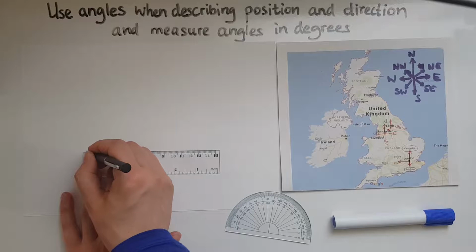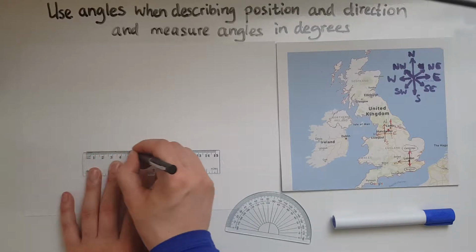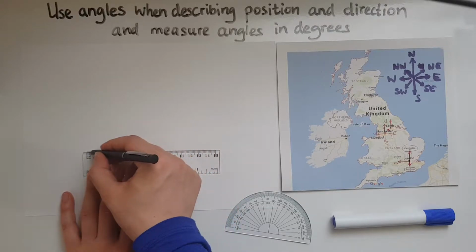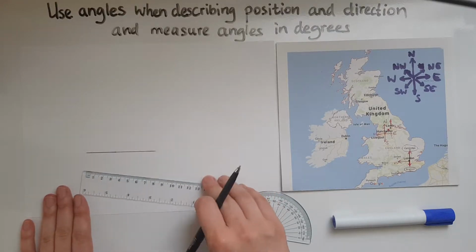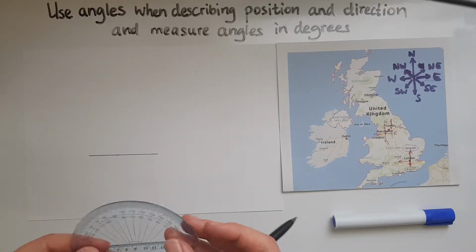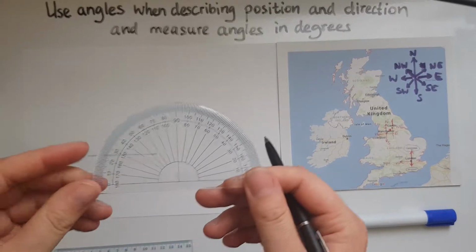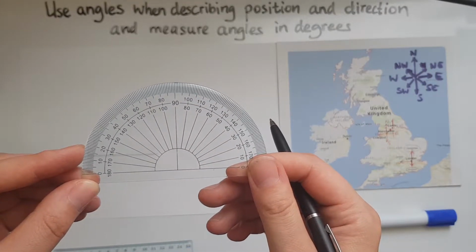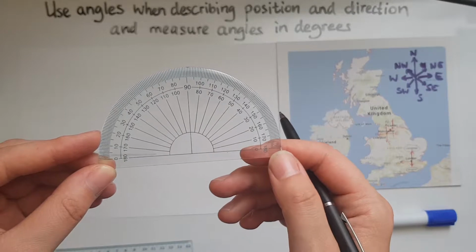What I'm doing is constructing an angle, drawing an angle, in other words. I'll start by drawing a line, and then we'll use a protractor to draw an angle of 100 degrees.